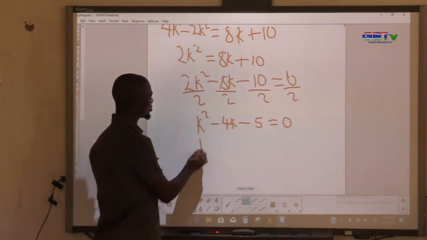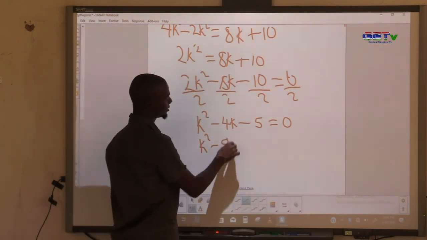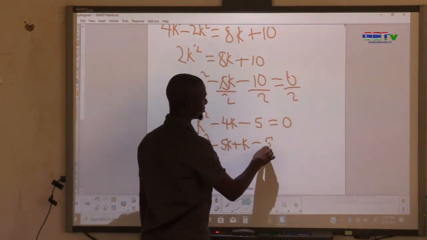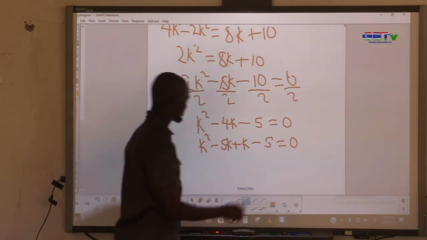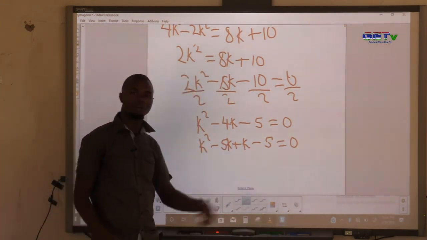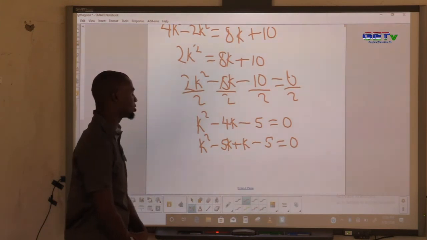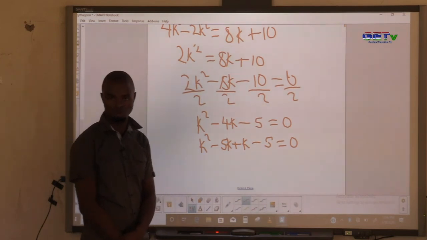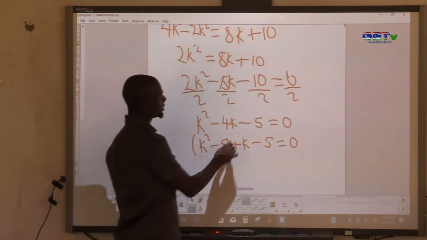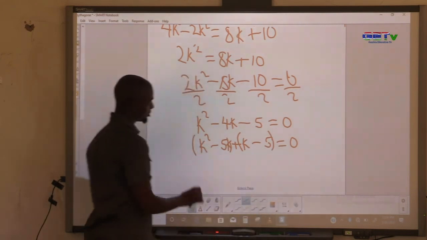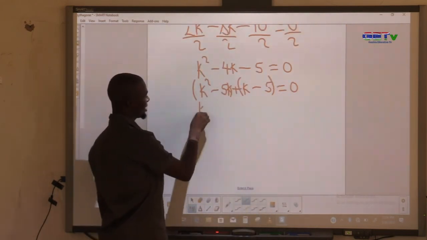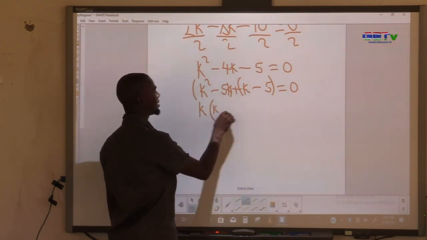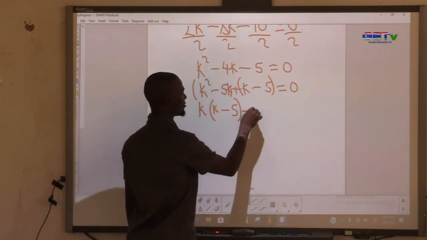So you will have k square minus 5k plus k minus 5 is equal to 0. We factorize it by grouping. For k square minus 5k, we look for the common factor there, and for k minus 5, we also look for the common factor. We will have k outside as the common factor, so we will have k times k minus 5, then plus.